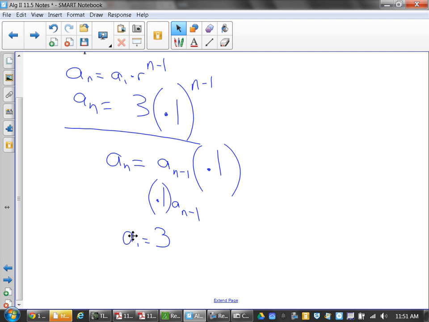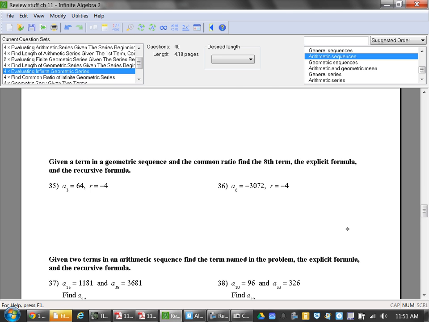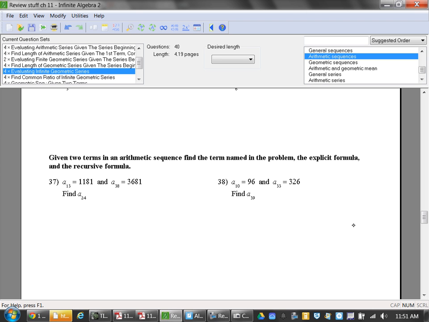What I would like you guys to do on this worksheet, like I said, I came up with a bunch of different things here. I'd like you for tonight just to do 31 through the end. It's 31 through 40. It's 10 problems. If you read the instructions, this talks about if it's geometric, it tells you if it's arithmetic, and then it wants you to write the explicit, and then it wants you to write the recursive.